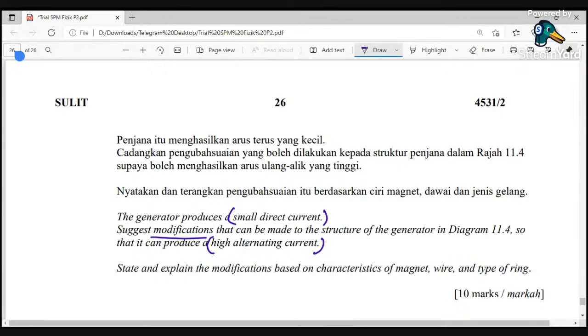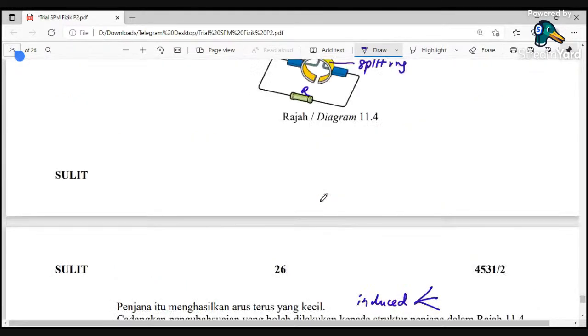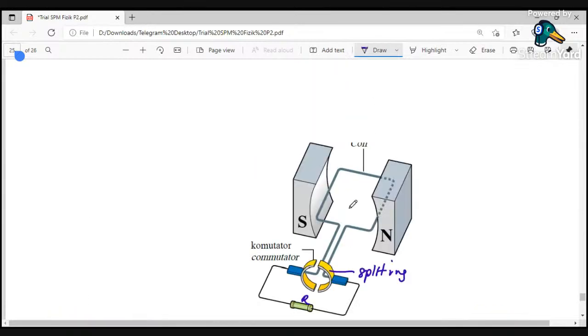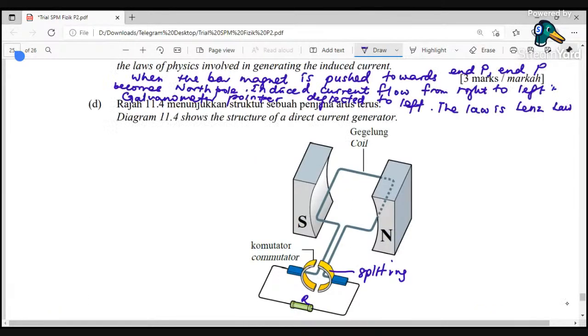So in this case, you must understand the factors that affect induced current. What are the factors that affect induced EMF? We can look again at the structure. Magnet: to produce larger change in magnetic flux or larger cutting, the magnet must be a strong magnet.